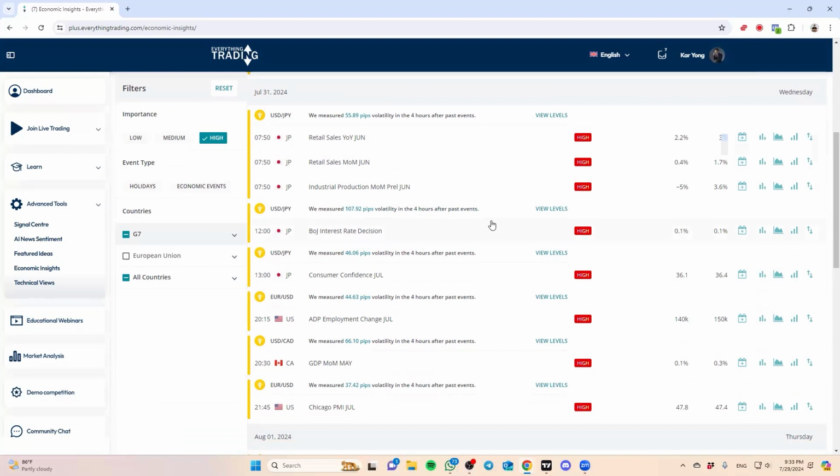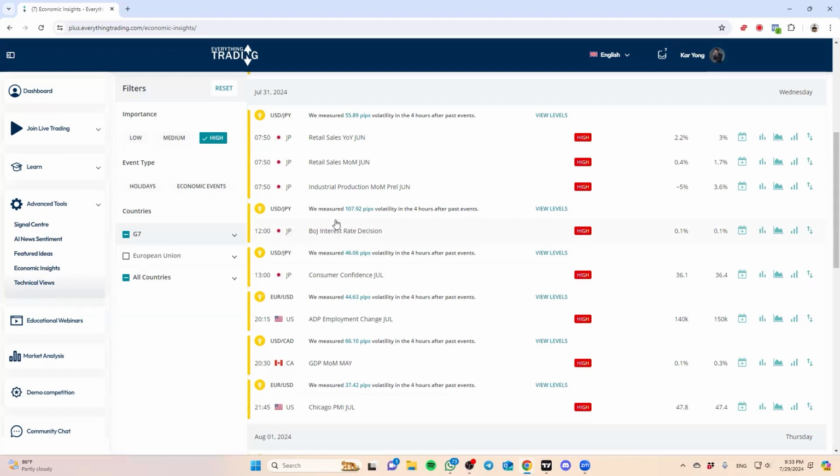So it gives you some slight insight in understanding whether this particular news would create bigger volatility or generally be non-eventful. If you like this kind of insight, just go over to everythingtrading.com, create a free account. Once you log in, on the left, go over to advanced tool, economic insights. You can gain all this information.